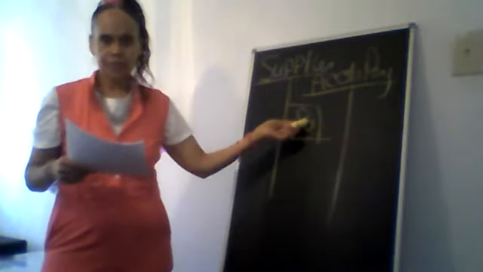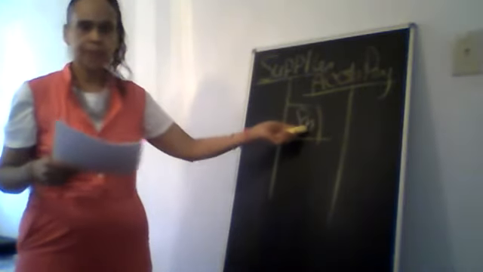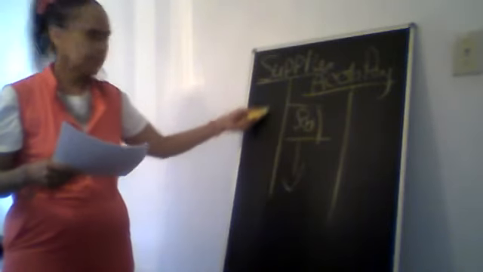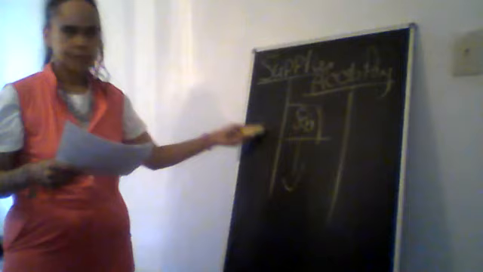If I sold some supplies, that means I got rid of some supplies, so I would credit my supplies account. Just say $500. I sold $500 worth of supplies. I want to credit my supplies account because I'm decreasing.